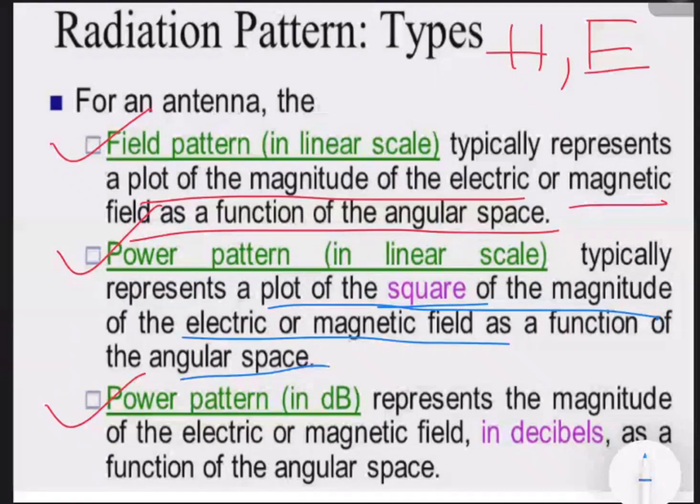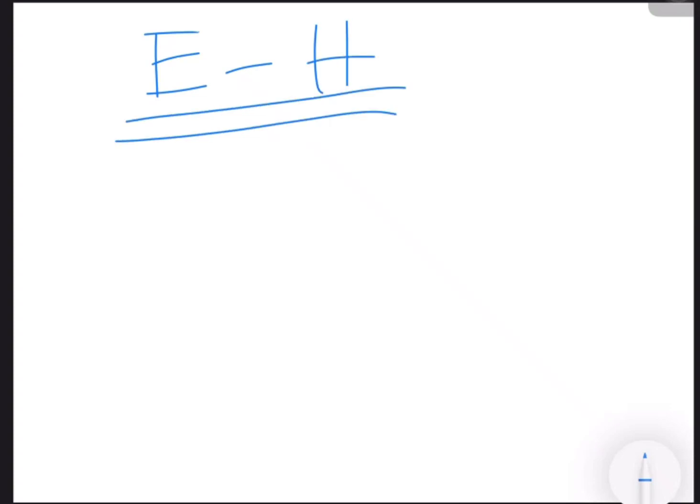In the lab, when we are performing experiments relevant to the short dipole antenna and the Yagi-Uda antenna, normally we place the dipole antenna in either the E field or the H field. We obtain the output power pattern in dB, because in our lab we have a power meter which can display the power in dB.